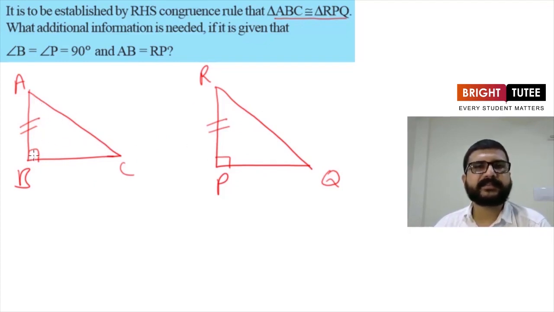That is one side other than hypotenuse is equal in both the triangles. So what else do we need now? We just need AC to be equal to RQ. That is their hypotenuse has to be equal for using RHS congruency rule. So the information needed is AC should be equal to RQ.